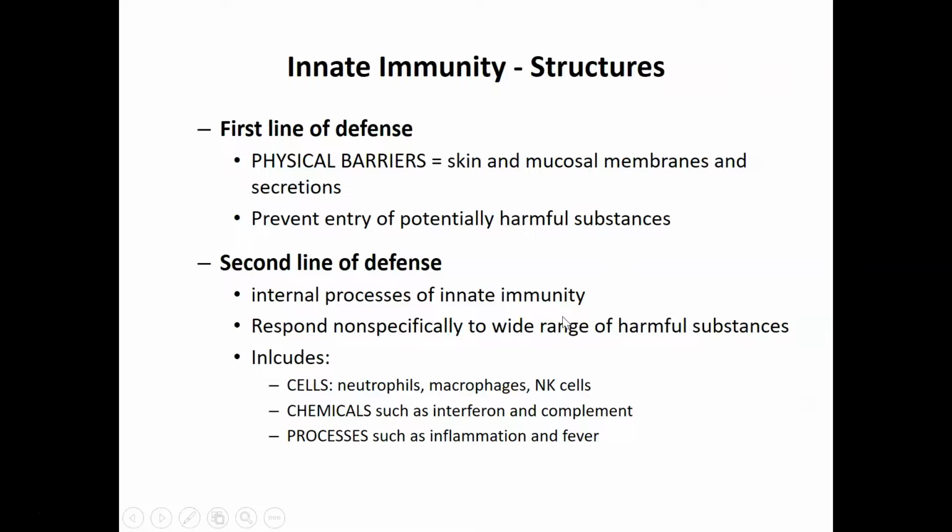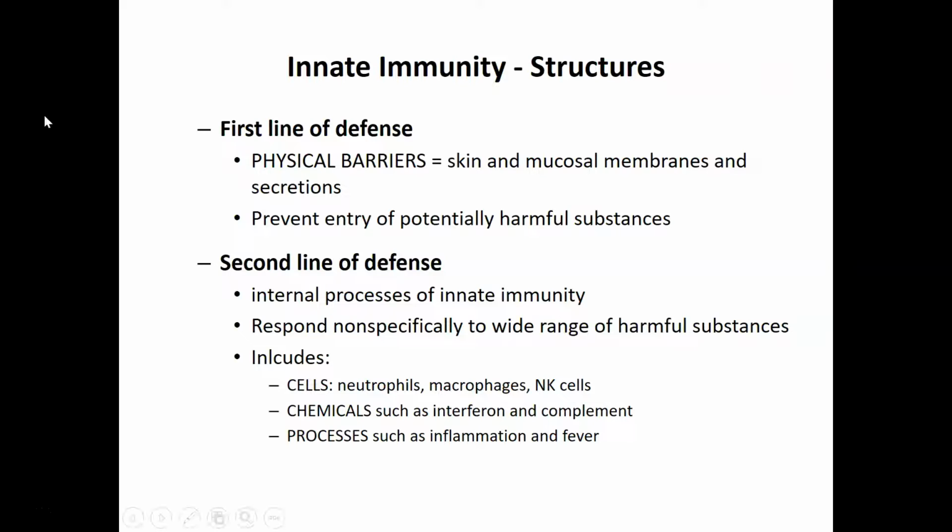The second line of defense are things that are internal and non-specific. Those mostly include different types of cells, including neutrophils, macrophages, and NK cells, which are the natural killer cells.